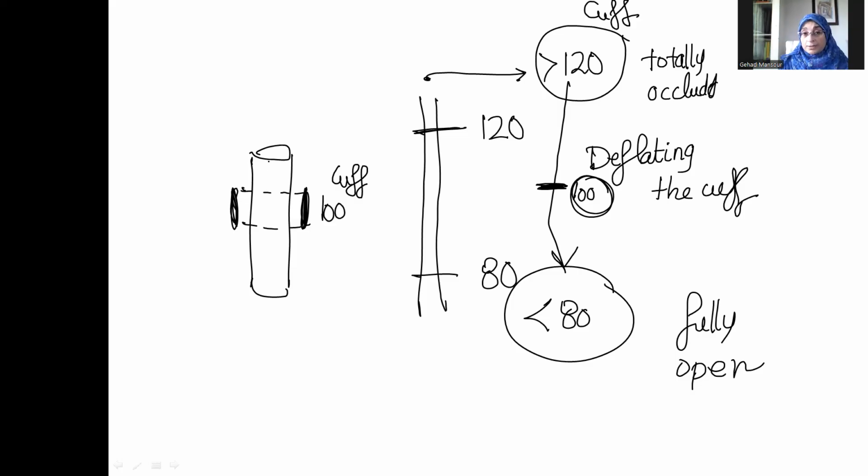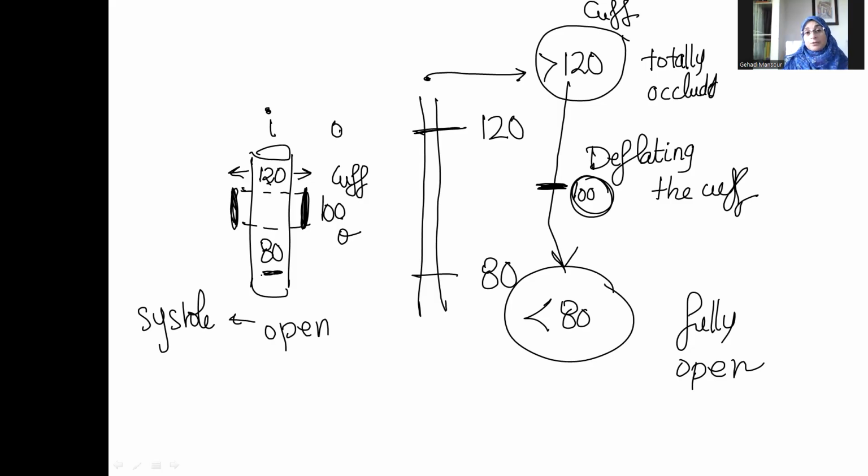If the artery is in systole, say the pressure inside is 120, then it will be higher than the pressure outside, which is 100, and for a while the artery will open during systole. But after systole is done, we will have diastole, and the pressure inside will be 80. 80 is smaller than 100, so the artery will be fully occluded.